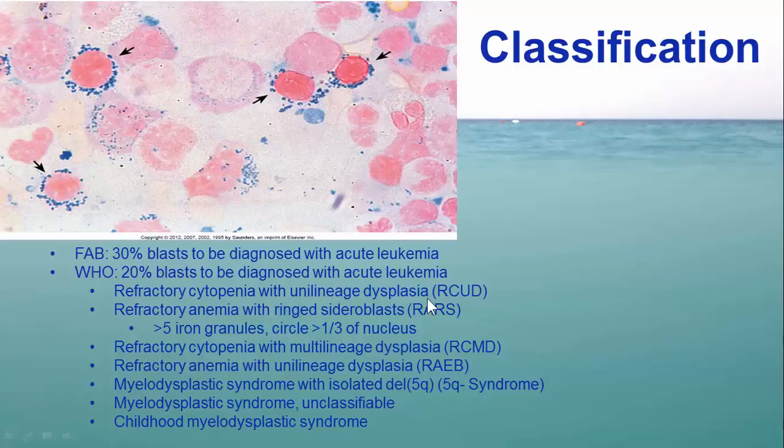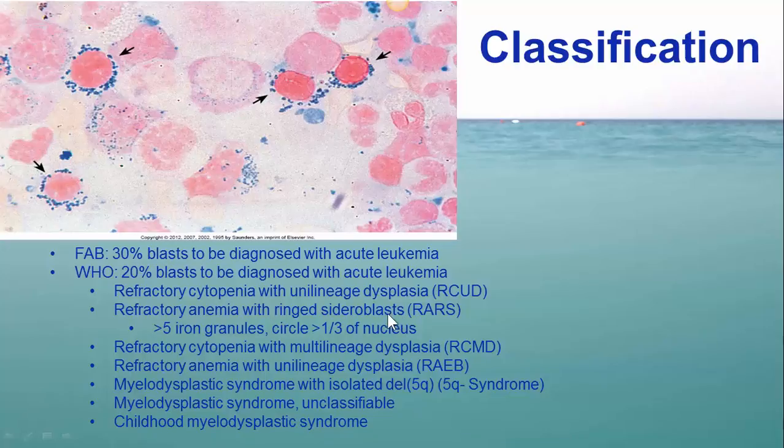They are refractory cytopenia with unilineage dysplasia, RCUD, refractory anemia with ringed sideroblast, RARS, refractory cytopenia with multilineage dysplasia, RCMD, refractory anemia with excess blasts, RAEB, myelodysplastic syndrome with isolated del5q or 5q syndrome, myelodysplastic syndrome, unclassifiable and childhood myelodysplastic syndrome.